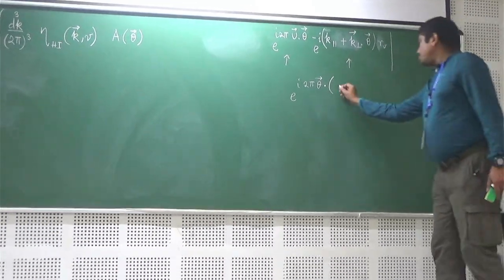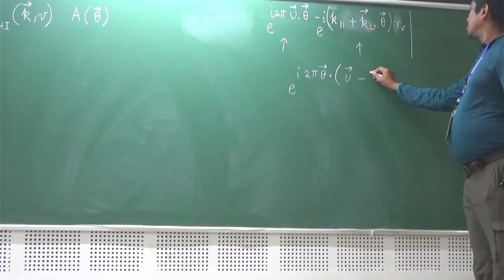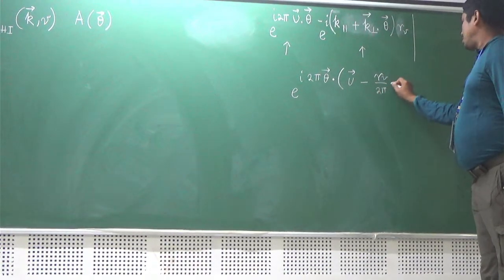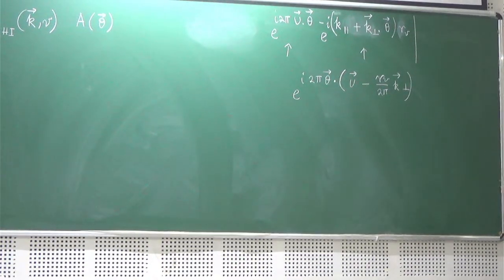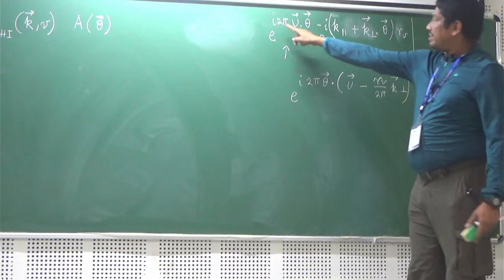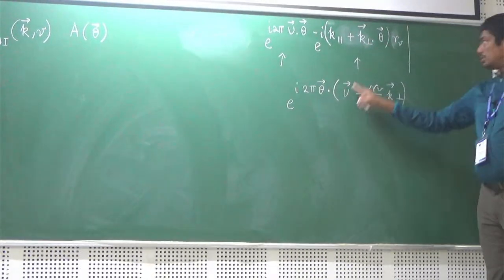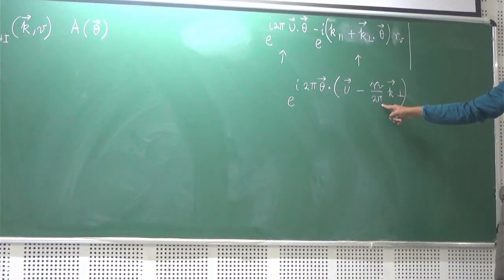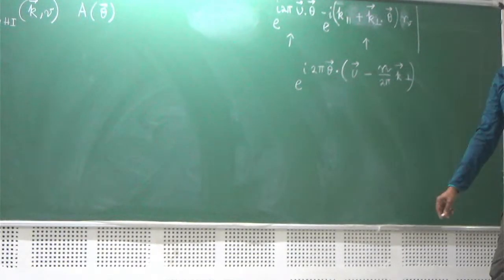I have u over there, and I have minus r nu by 2 pi times k perpendicular. I have taken 2 pi theta outside. This term just gives you u. This term did not have a 2 pi, so that's why I have taken it outside, divided by 2 pi. That r nu by 2 pi comes in, and then k perpendicular there.